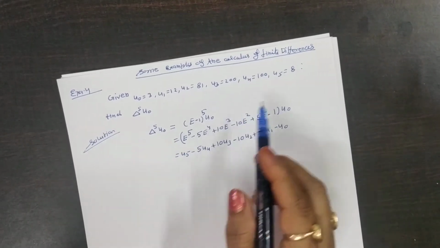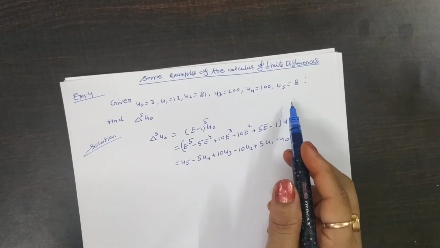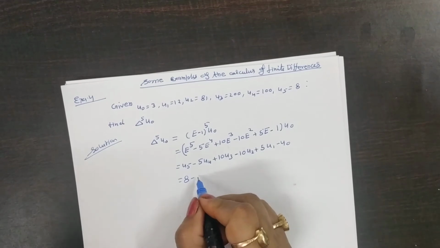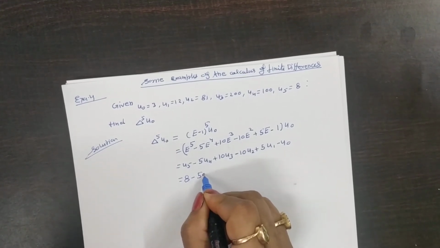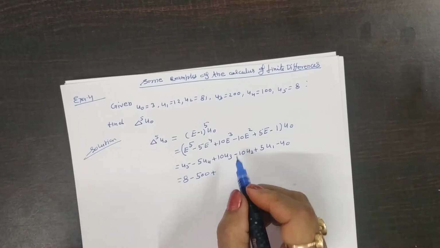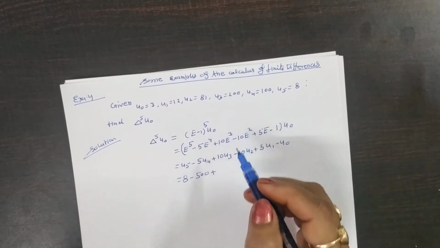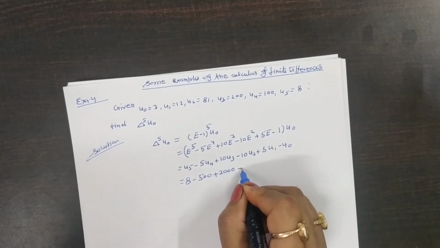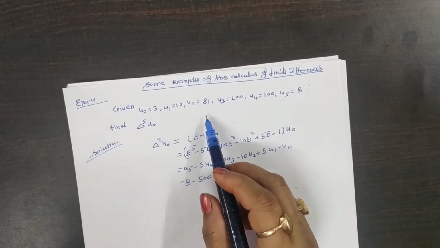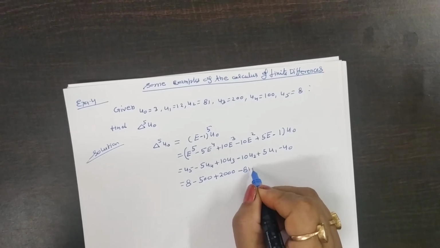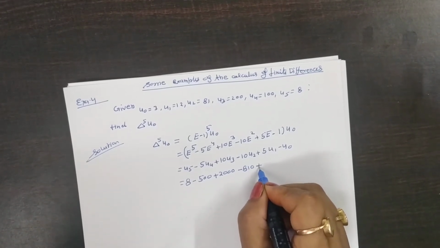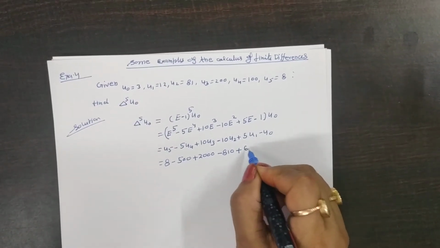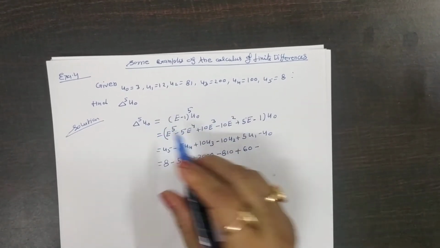Substituting here, u5 is given in your question as 8, so substituting this one is 8, and u4 is 100, so minus 5 multiplied by this is 500, plus 10 multiplied by u3, which is 200, so this can be written as 2000, minus 10 times u2, which is 81, so 810, plus u1 is 12 multiplied by 5, you get 60, minus u0, which is 3.